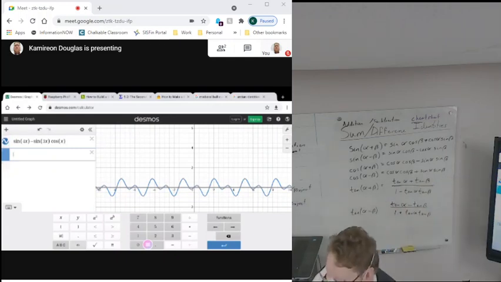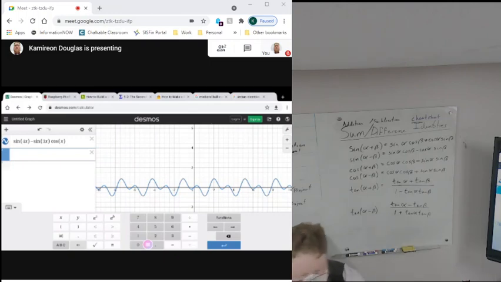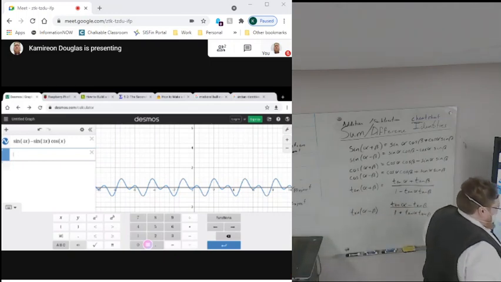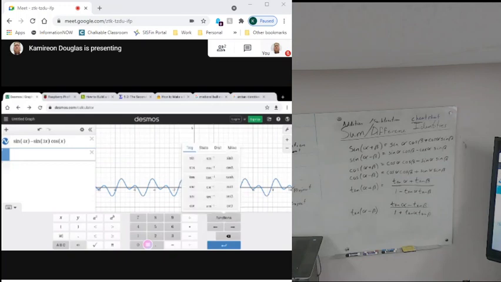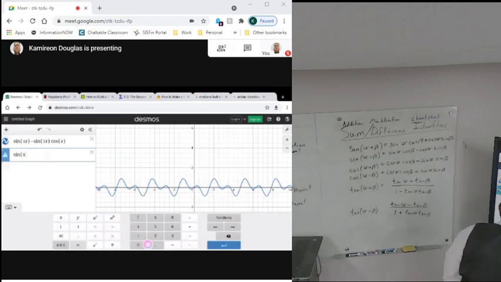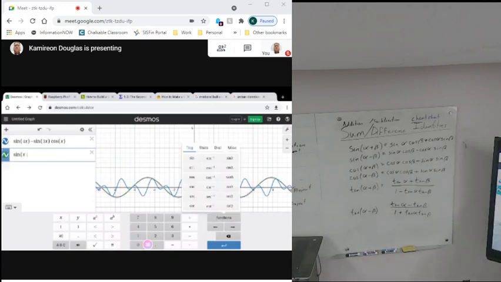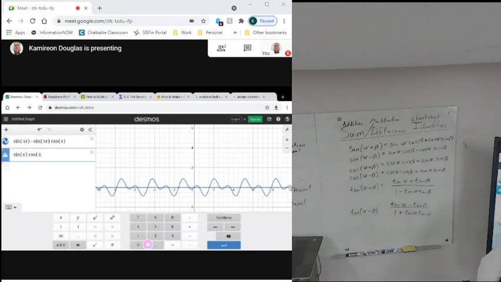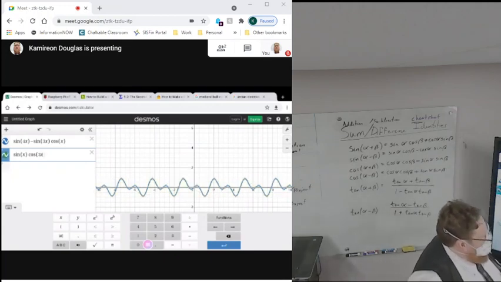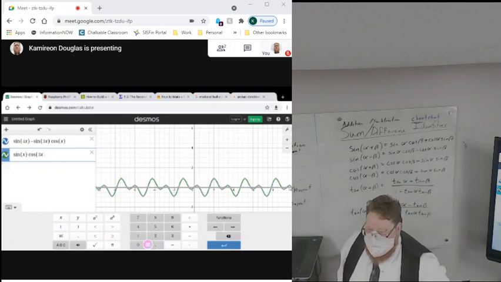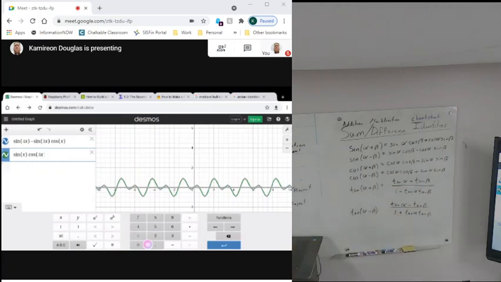G of x equals sine of x times cosine of 3x. Hey, look at that. They're the same. So on 33, I'm done. I write they're the same and move on to 34.